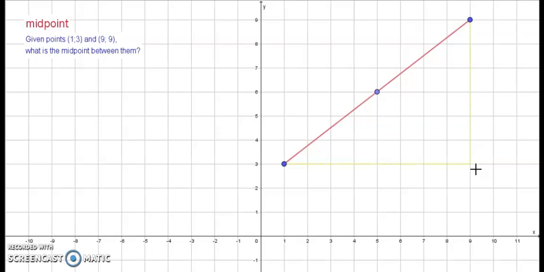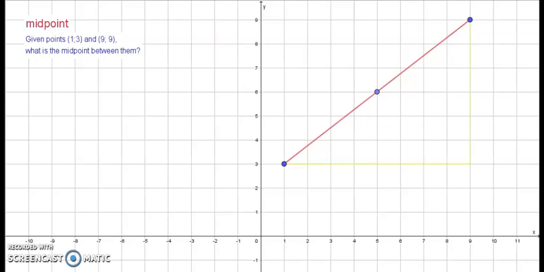And its y-coordinate is going to be the average of these 2 points' y-coordinates, so that we can find which number is right in between these two, between 3 and 9. You find the average.